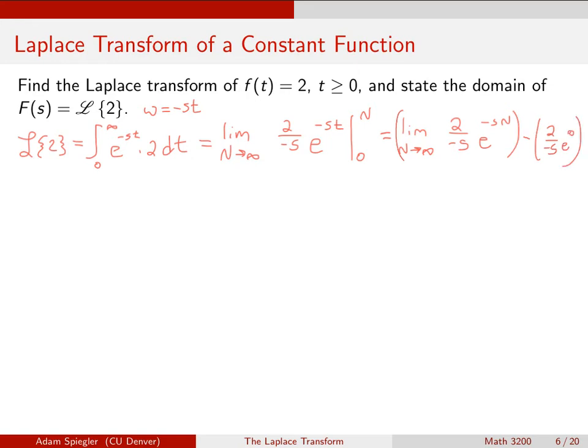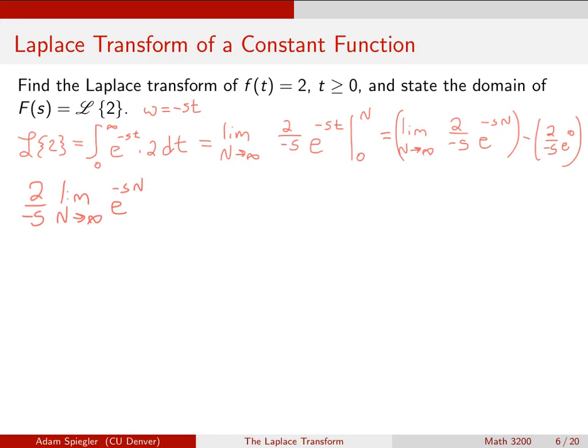Again, we're plugging these values in for the variable t, and we're treating s like a constant. Now let's think about this limit, which is with respect to n. The 2 and the minus s are constants, and we can pull them out. So what we really want to consider is what happens to this quantity as n goes to infinity.